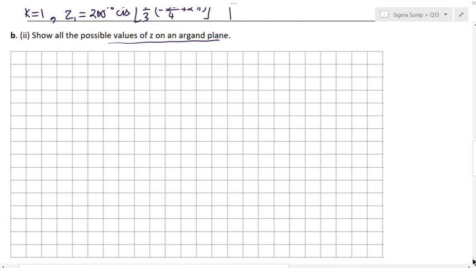So let's first draw a circle here. That's my real axis. Don't forget to write Re and Im here, and I'll say this is my circle. I've taken 5 units here, 1, 2, 3, 4, 5 here, and 1, 2, 3, 4, 5 here.